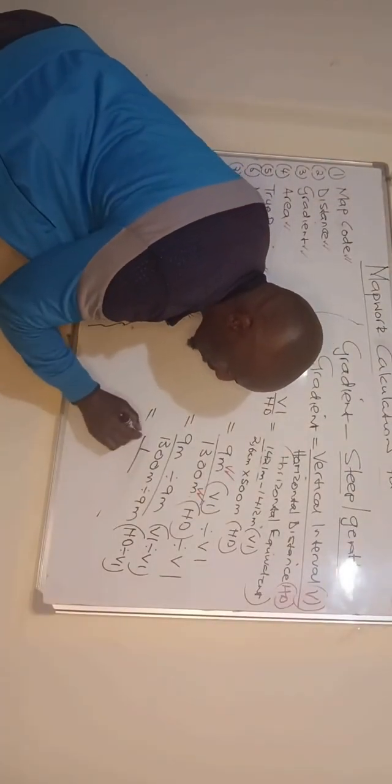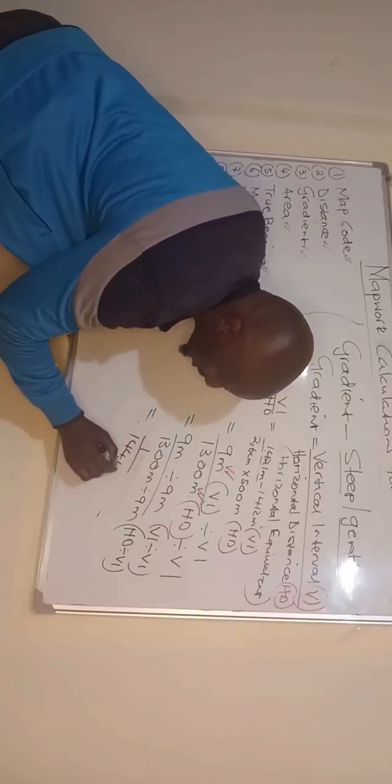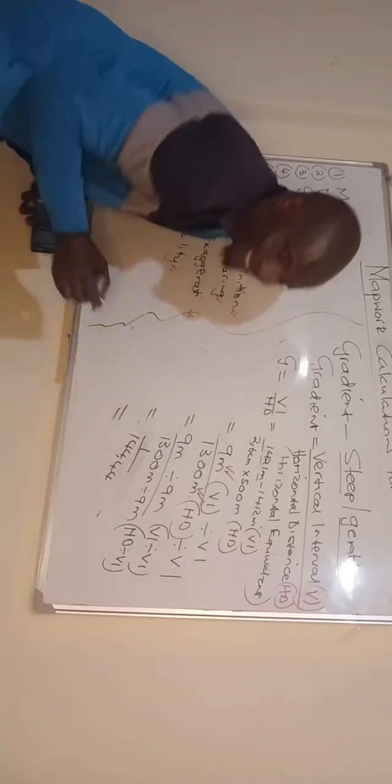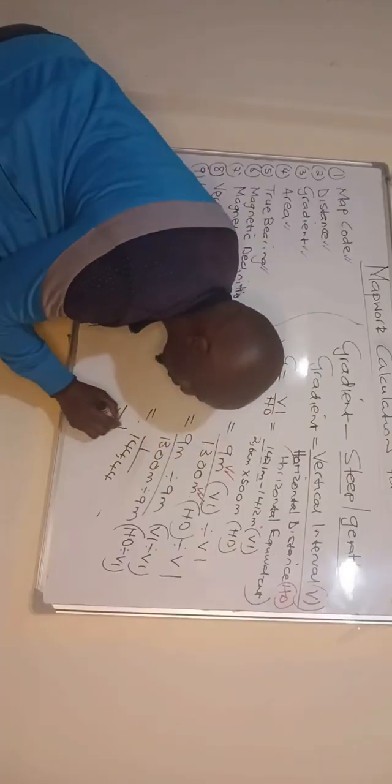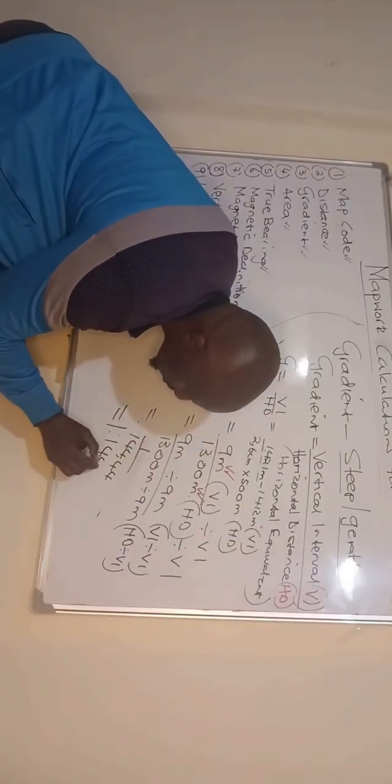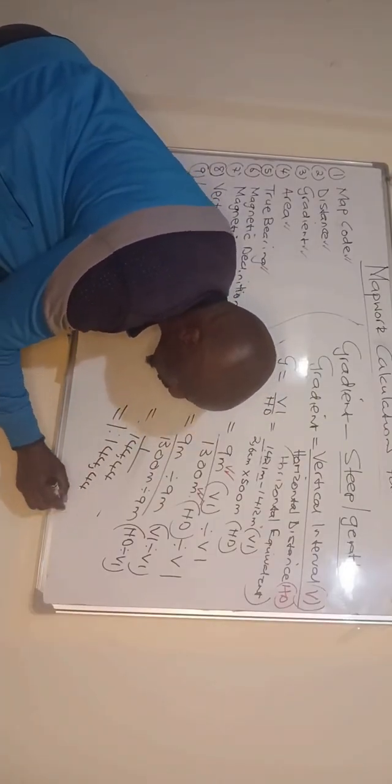Or we can start by writing it as a fraction, 1/144.44. The final answer is written like a ratio, which is 1:144.44. So it's expressed as a ratio. That's how it is expressed.